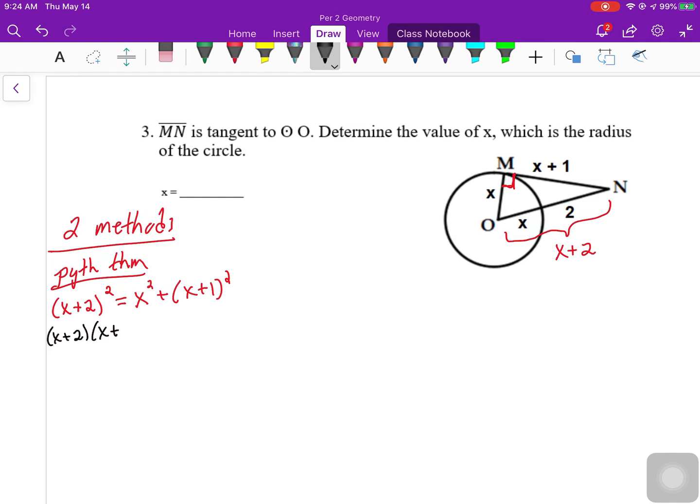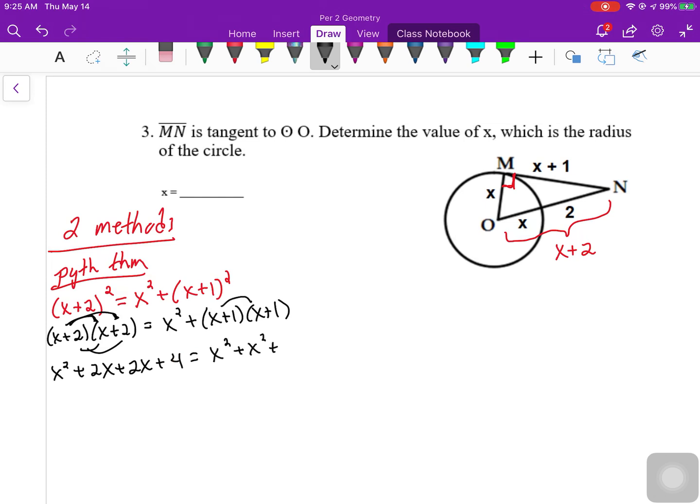We're going to go ahead and work that one out completely. Recall that (x plus 2) squared means we have to take an x plus 2 times another x plus 2. And then on the right side, (x plus 1) squared means x plus 1 times x plus 1. We're going to carry out all of that algebra, so I will multiply x times x, which is x squared, and then I get a plus 2x, and then I get another plus 2x, and then I get a plus 4.